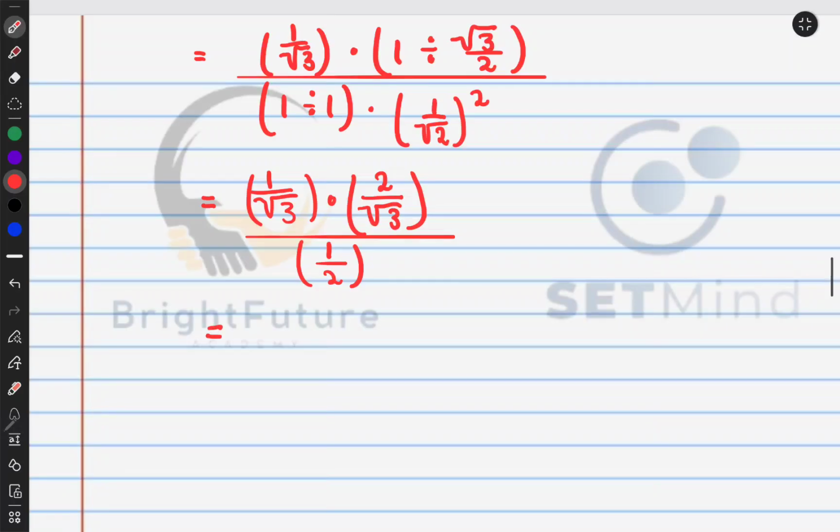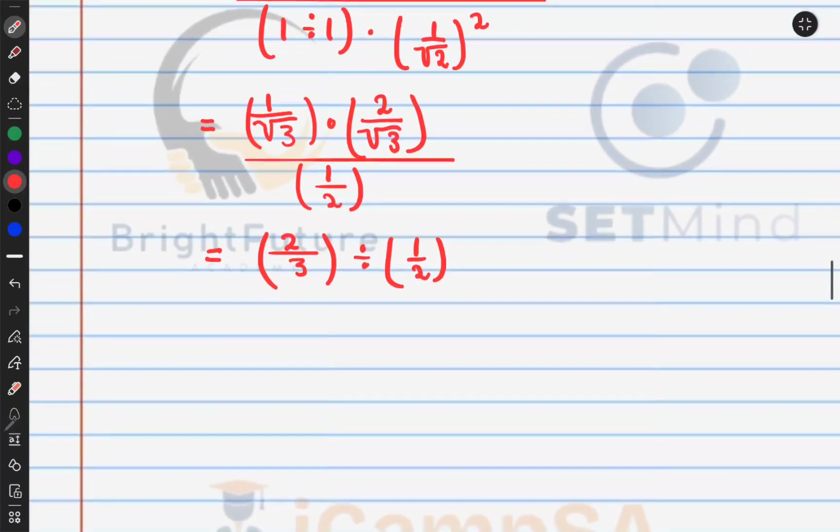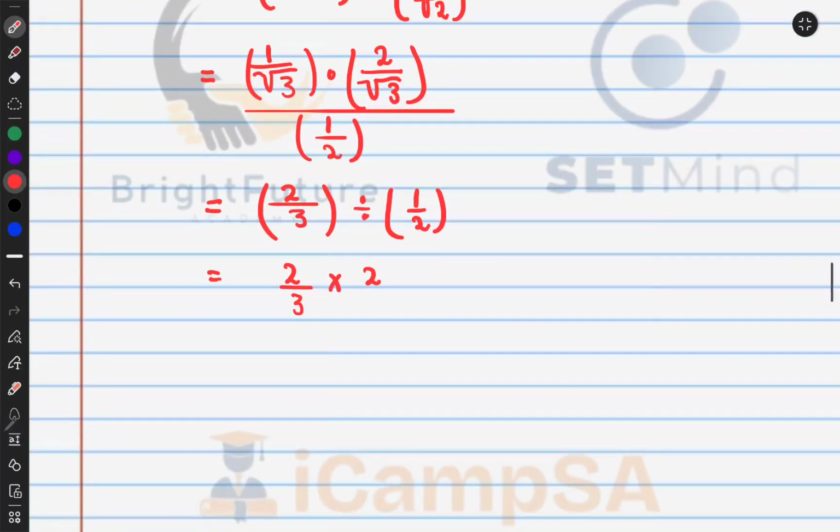Okay, and then let's work the numerator. 1 over root 3 multiplied by 2 over root 3. 1 multiplied by 2 is 2. Root 3 multiplied by root 3 is 3. And then this is divided by 1 over 2 in the bottom. We change this to 2 over 3 multiplied by 2, which gives us 4 over 3.